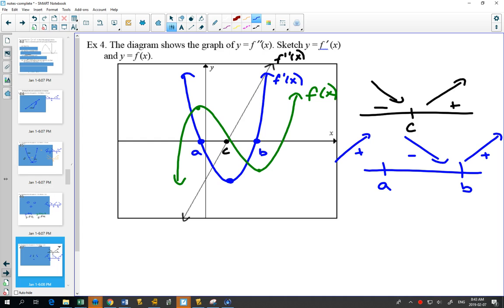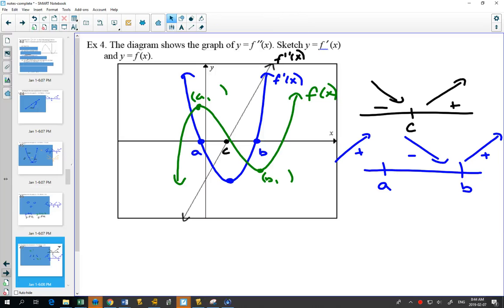And so I need to draw my green graph to match that. My green graph has at A and at B, comma something, a maximum and a minimum. Again, where I place those maximums and minimums is guesswork when working backwards, but it's just the general idea shape that we're looking for. Yes?